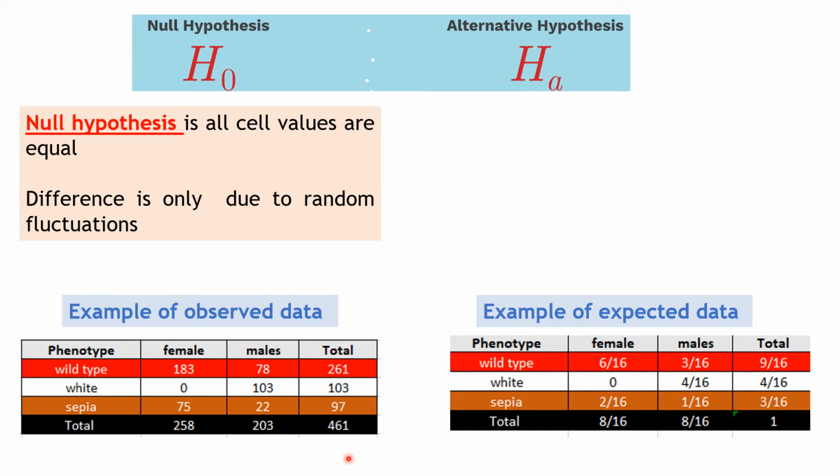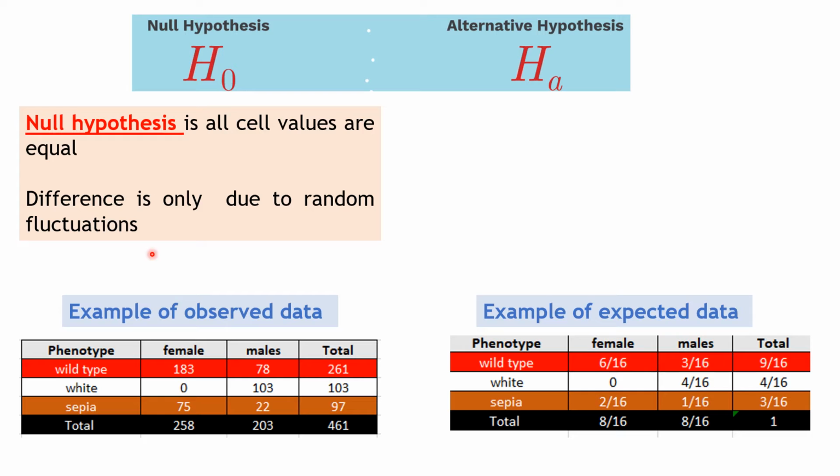But in other words, what we are doing with the null hypothesis is we are comparing these two tables, all the cell values, and we're saying these are very similar, and maybe here we were expecting 100, for example, but we got 103. Why? Because there is only a difference due to random fluctuations that are very small.